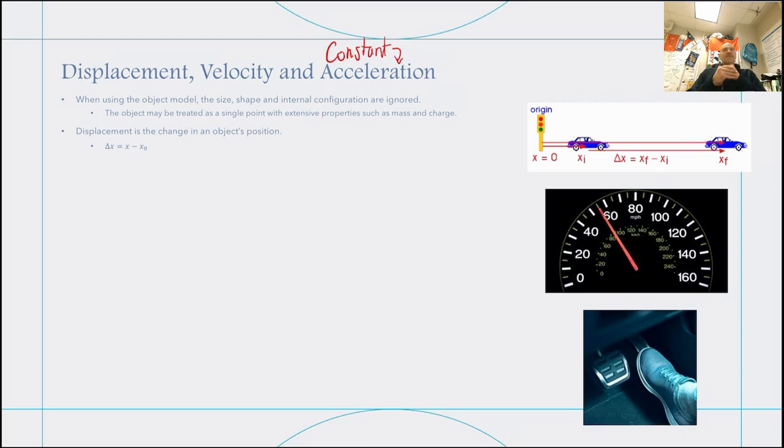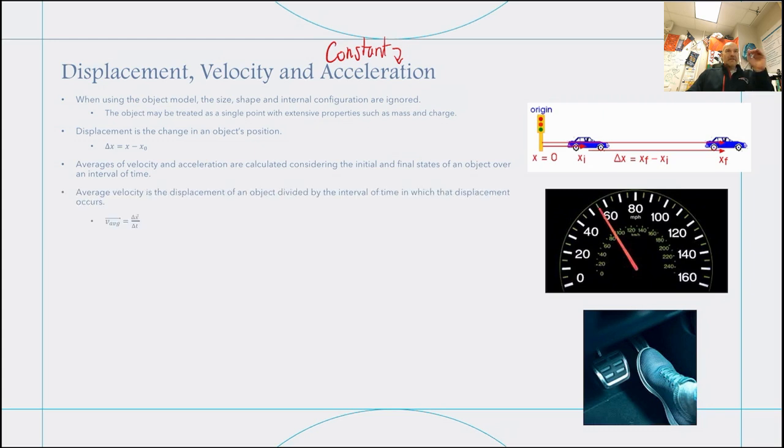Displacement, if you remember from an algebra-based course, is simply a change in an object's position. This is your first official equation: delta x is our displacement notation, and it's x minus x0, so final minus initial. Averages of velocity and acceleration are calculated considering the initial and final states over an interval of time.